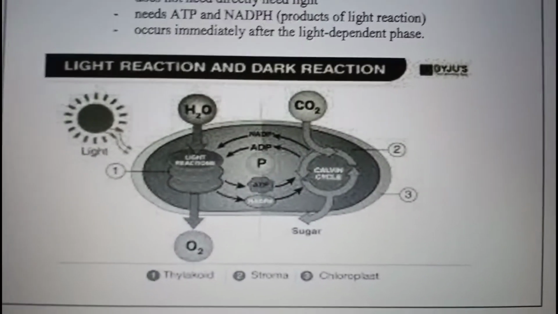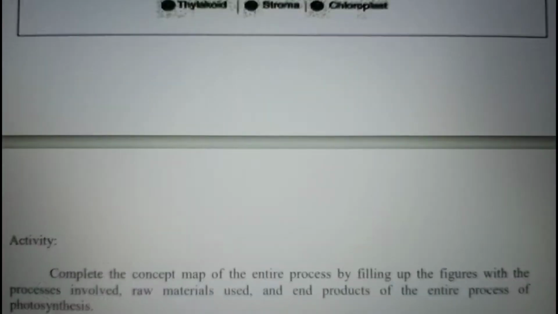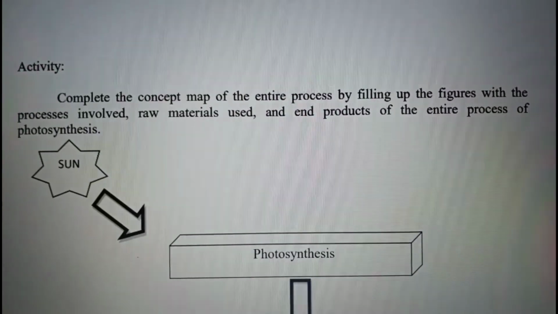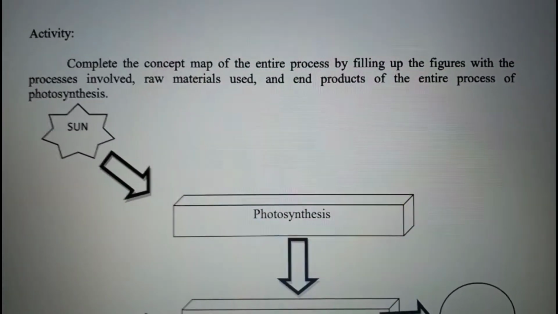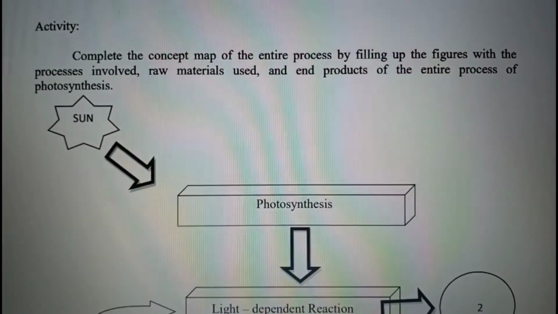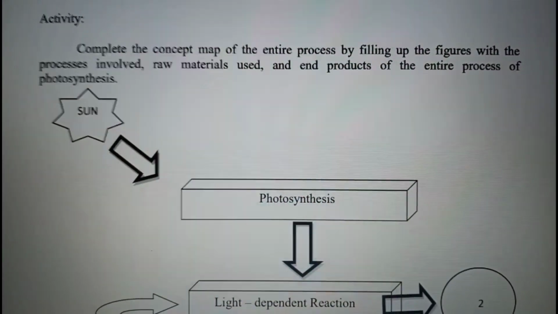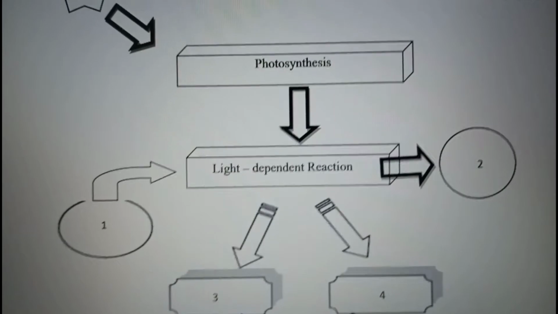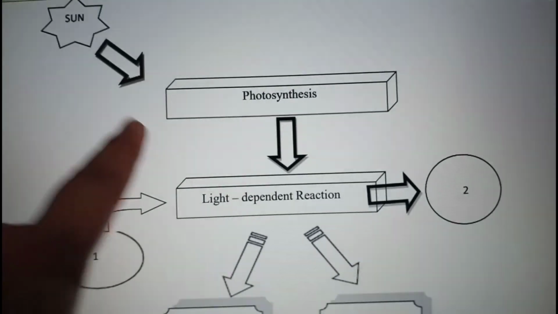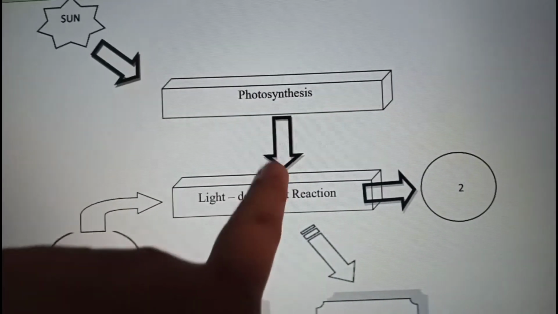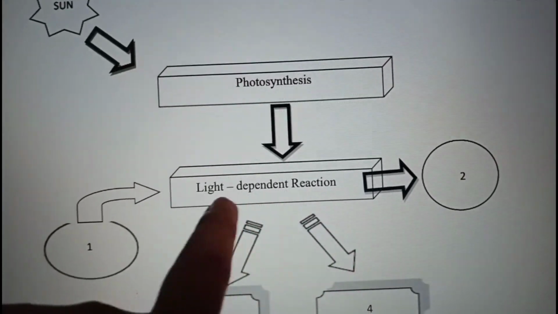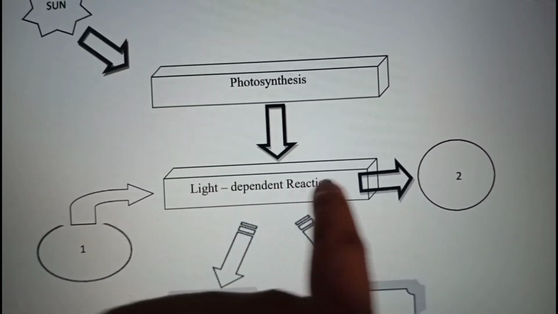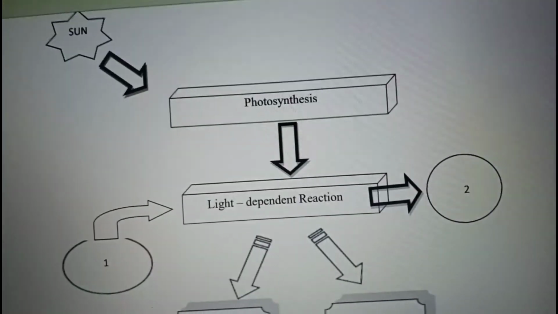Okay, so now complete the activity. Complete the concept map of the entire process by filling up the figures with the process involved, the raw materials used, and end products of the entire process of photosynthesis. So we have the presence of light, photosynthesis, the first reaction. What is needed in the light dependent reaction, and it produces blank.